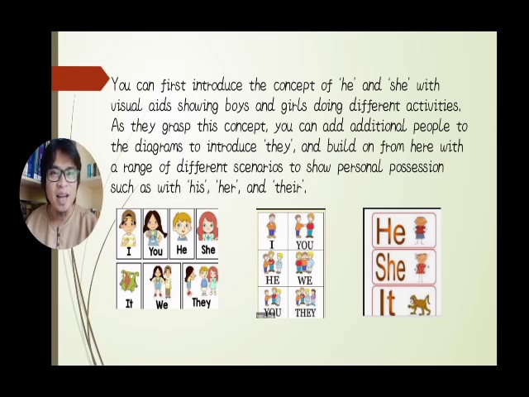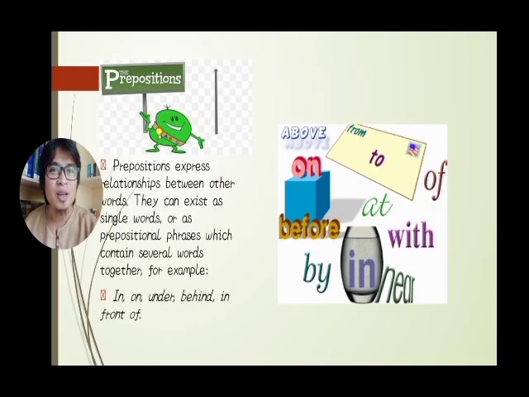Okay? I, you, he, she. As you noticed, I used mainly cartoons, visual aids. This is to help grasp the meaning of the concepts. So you may use this in teaching your students in the future.